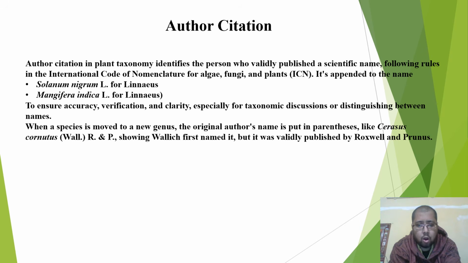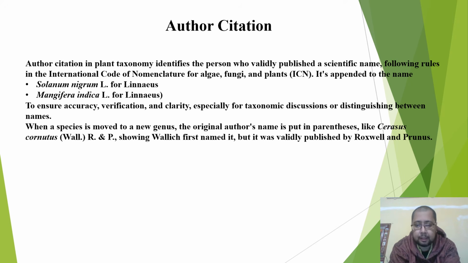Next we come to author citation. Author citation in plant taxonomy identifies the person who validly published a scientific name, following rules in the International Code of Nomenclature for Algae, Fungi and Plants, or ICN, or ICBN or ICZN or other groups.